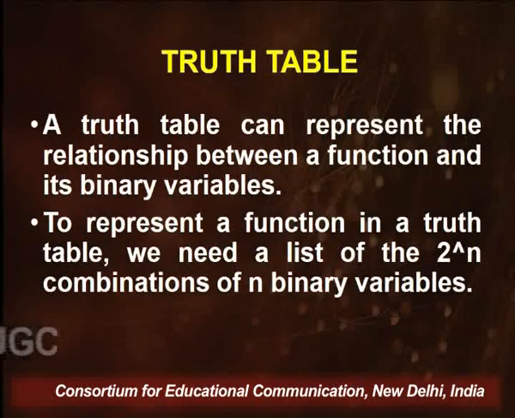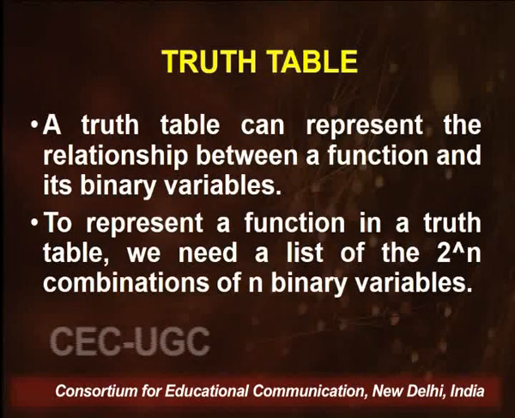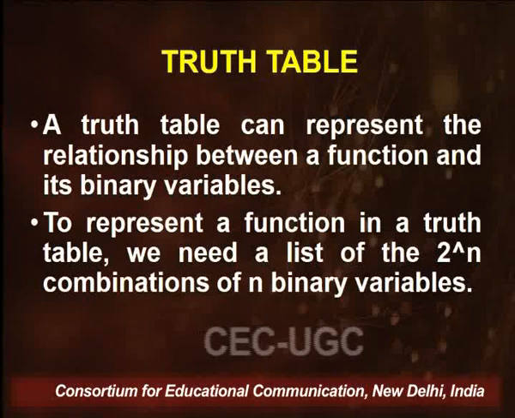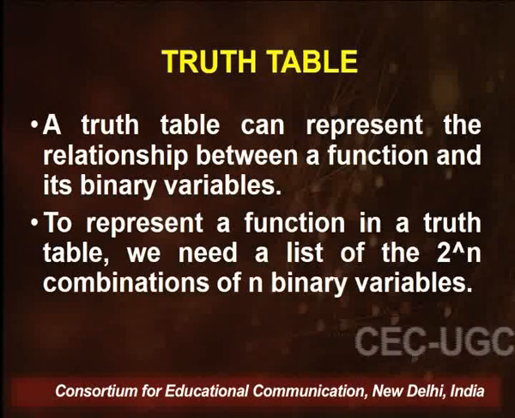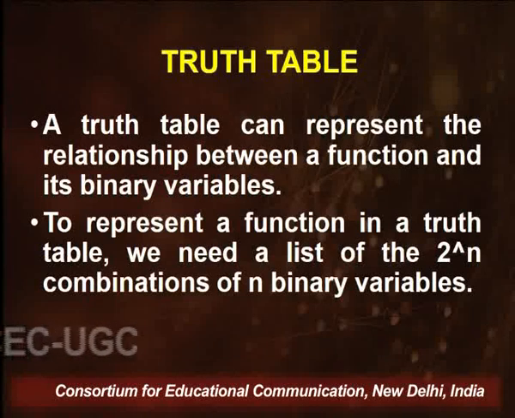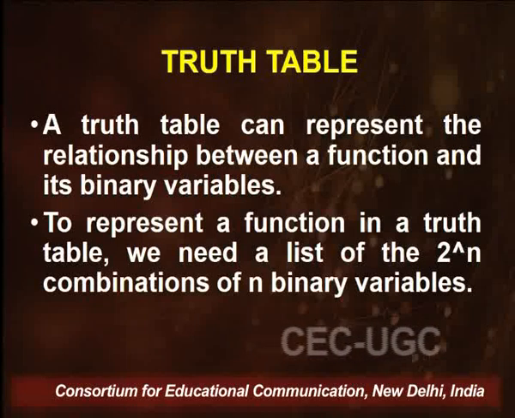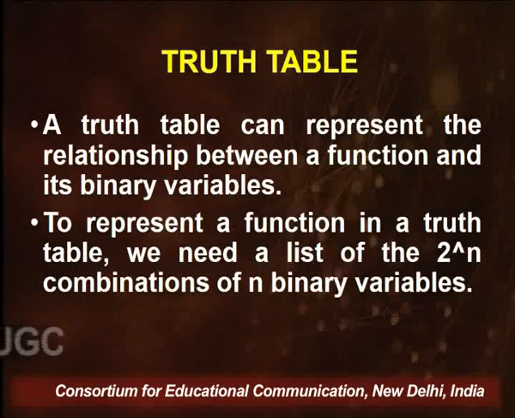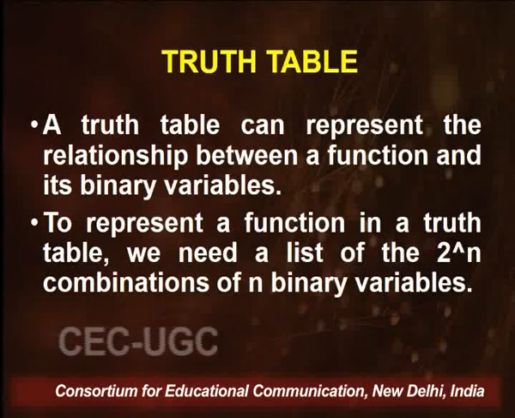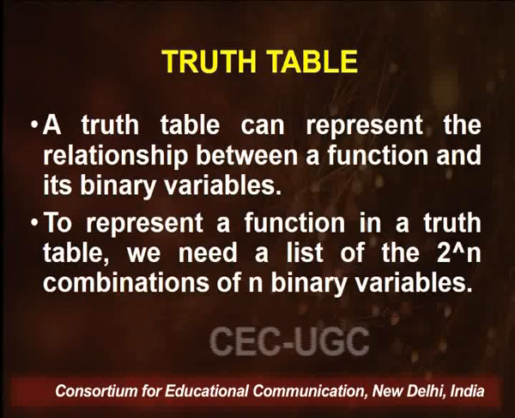We learnt about truth tables earlier. Truth tables are the tables in which we represent the relationship between the function that we are using and the values that it can hold or possess. It can be drawn for any algebraic or binary expression that we are going to be writing here. To represent a function in a truth table, we need to know how many variables we are using.